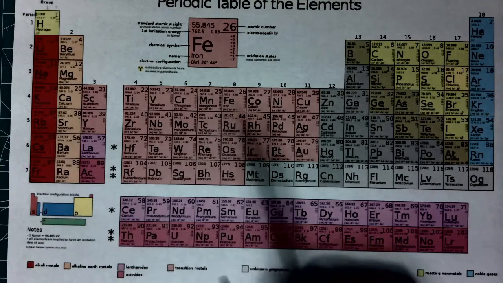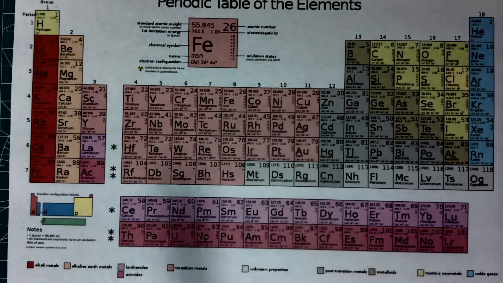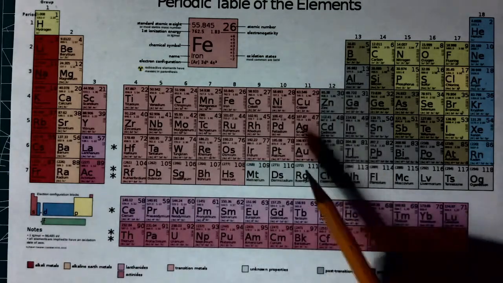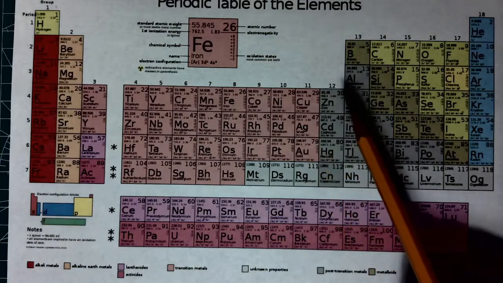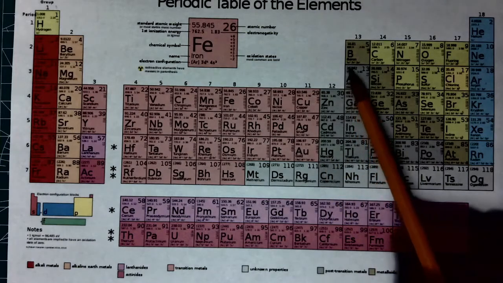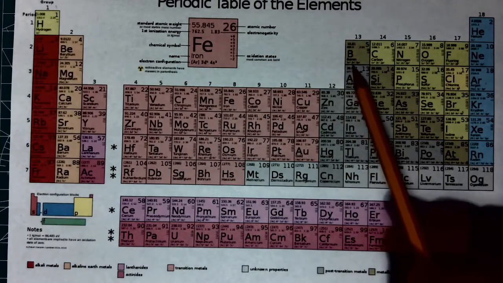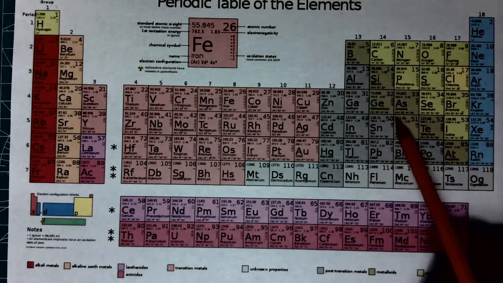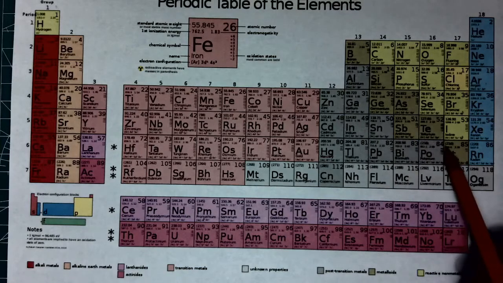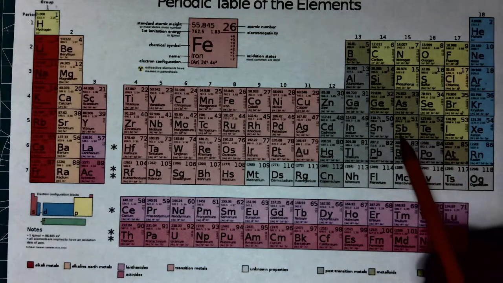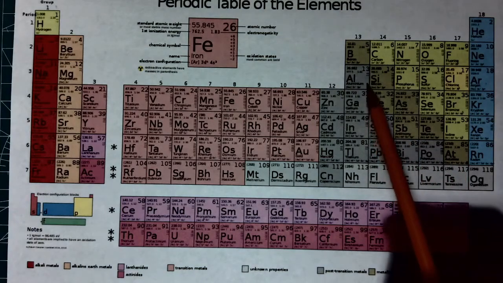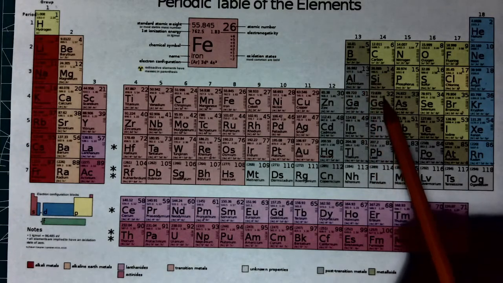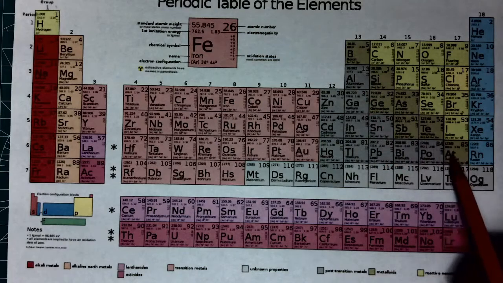There are a couple other things that I want you to keep in mind as far as the vocabulary. You notice the coloration here, in this step-shaped line that we draw down here. These are indicators of the metalloids.